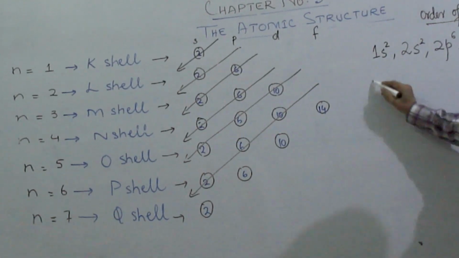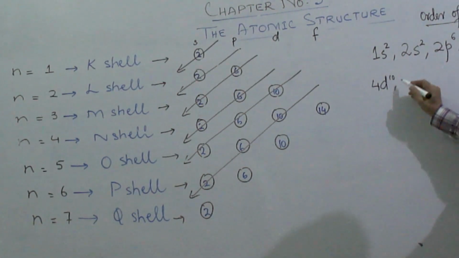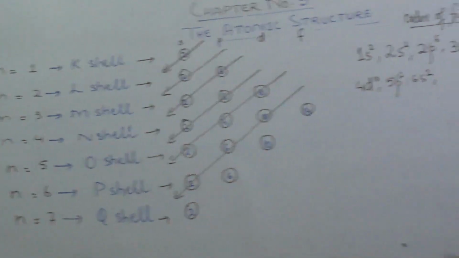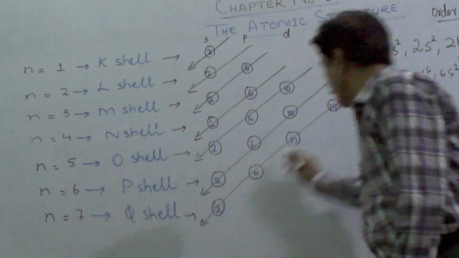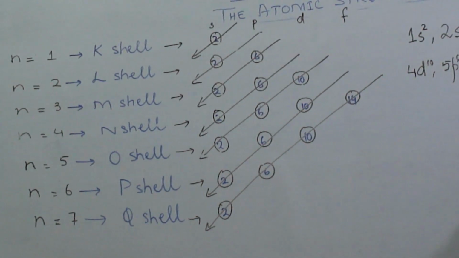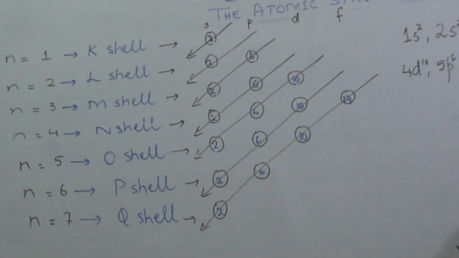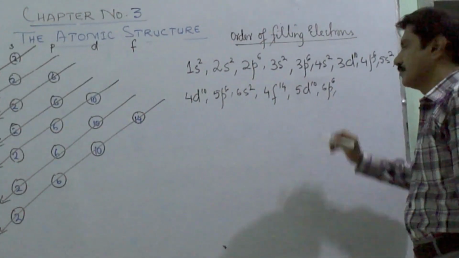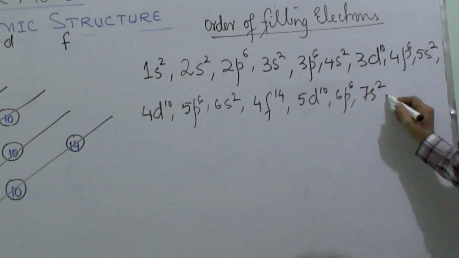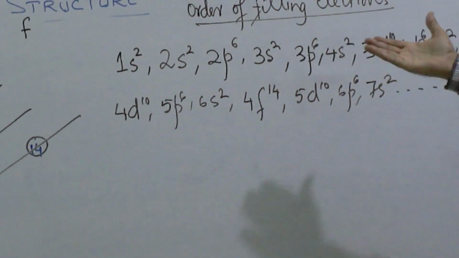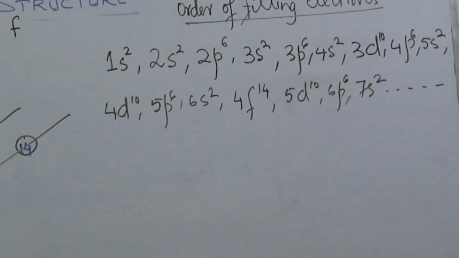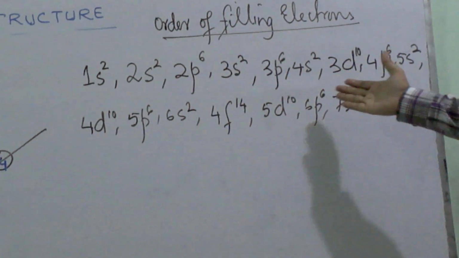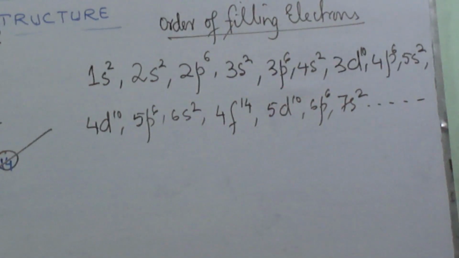So we write here 4d10, 5p6, 6s2. Now 4f14, 5d10, 6p6, 7s2. This is the simple order of filling electrons among various shells and subshells of the atom following the Aufbau principle.